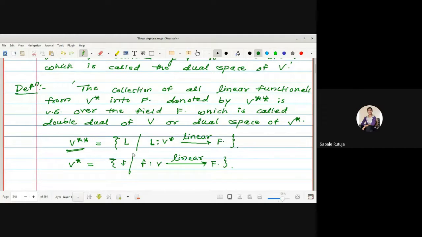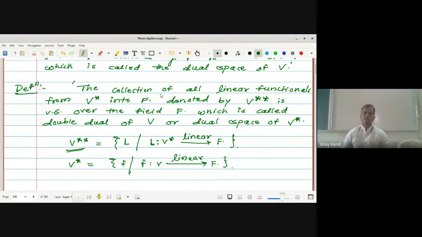No, sir. Okay, the collection of all linear functionals from V star into F is denoted by V double star and it forms a vector space over the same field F, which is called the double dual of V, or the dual space of V star.